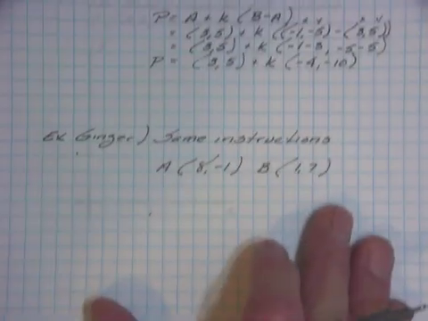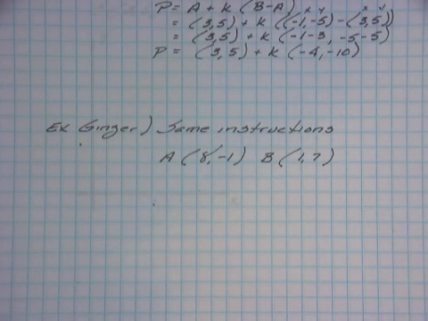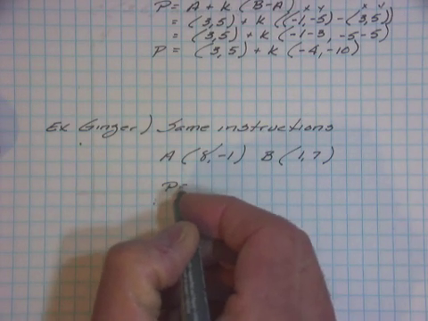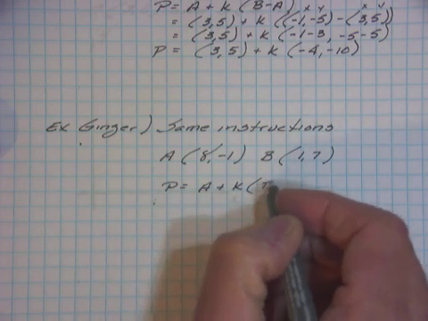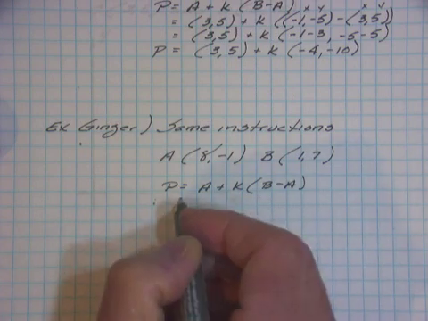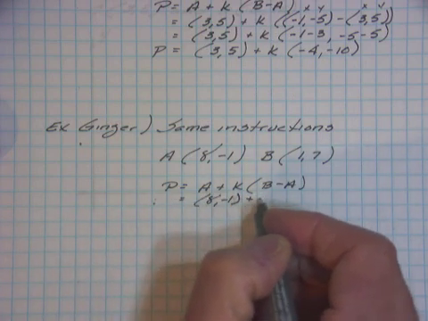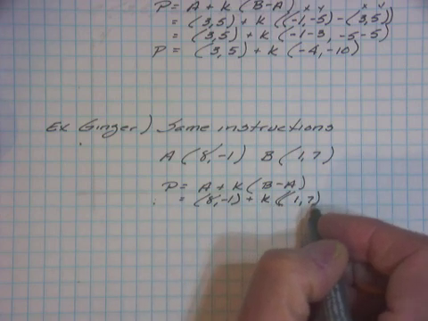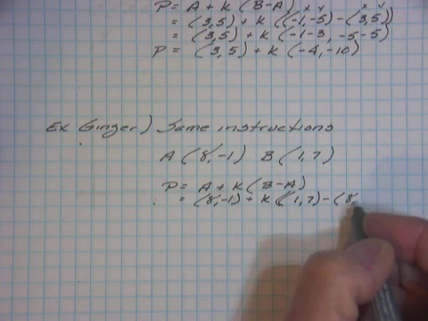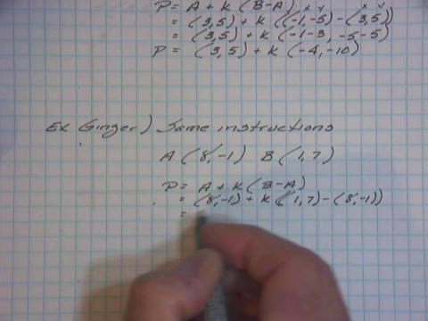Let's do another one. Same instructions, only this time we're going to use the point A at 8, -1 and the point B at 1, 7. P equals A plus K times B minus A. So this equals 8, -1 plus K times the point B, which is at 1, 7, minus the point A, which is 8, -1.